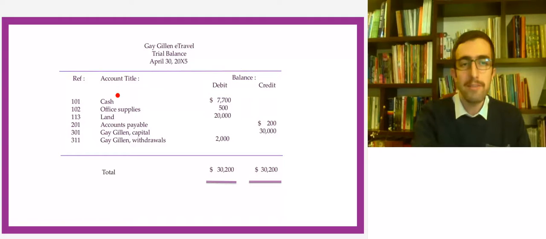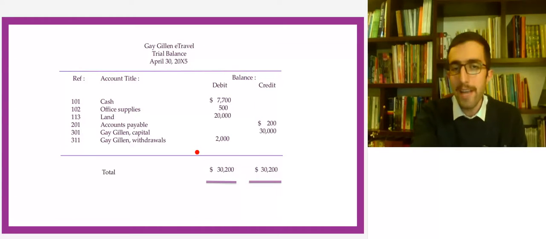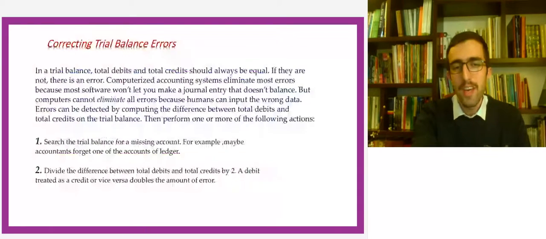Here are the accounts titles, first assets, then liabilities, and after that owner's equity, that are capital and withdrawal. And here we have the balances. And total debits is completely equal to total credits, at $30,200. And here, if you notice, we have 6 accounts, and on the last page we had 6 T accounts too.